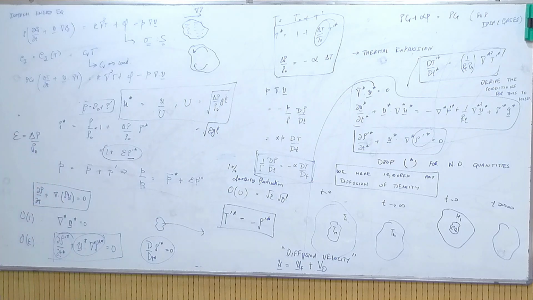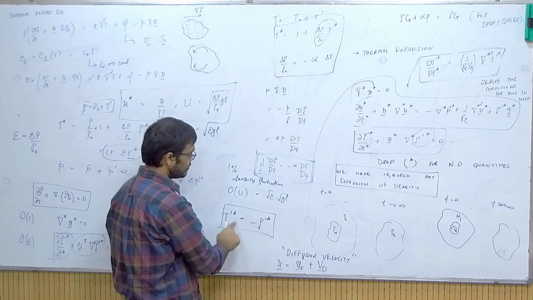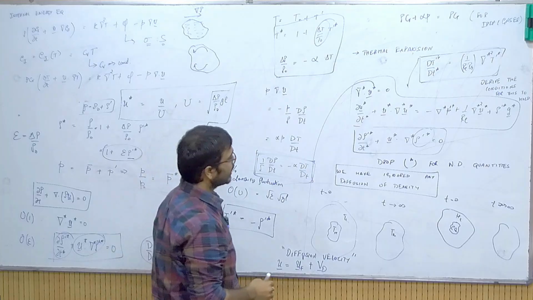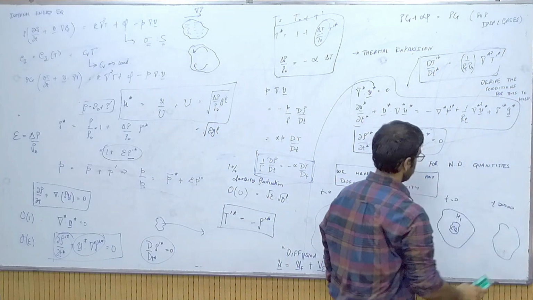Could you repeat the last part again? So just substitute T prime star equals minus rho prime star here. What will you get? Just substitute T prime star equals minus rho prime star.